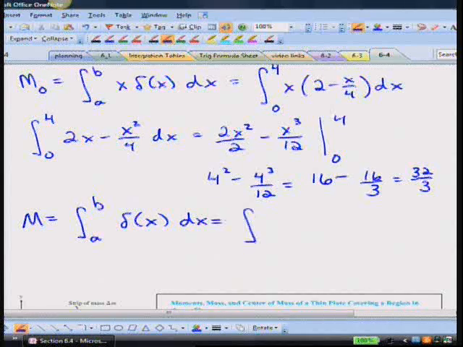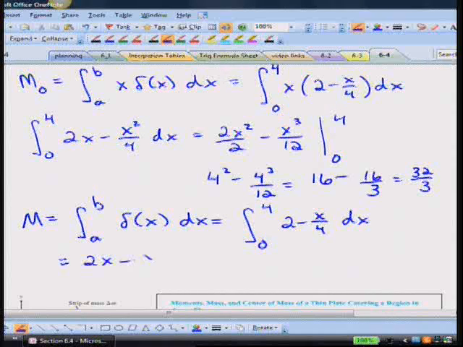In this case, it's the integral from 0 to 4 of 2 minus x over 4 dx, and that's going to be equal to 2x minus x squared over 8 evaluated between 0 and 4.